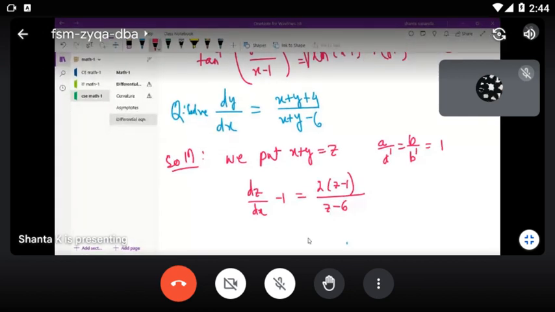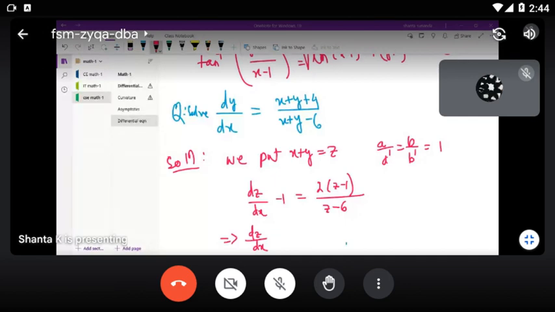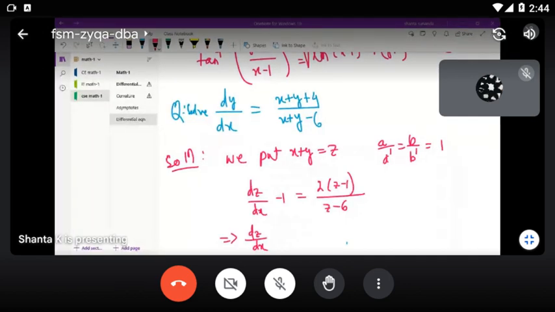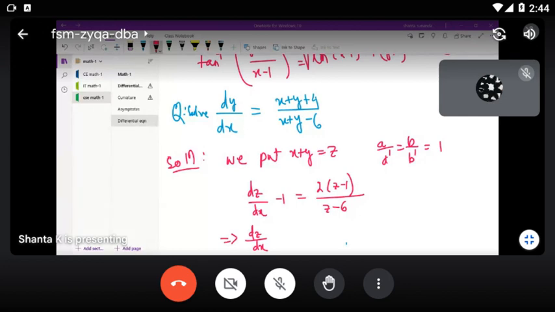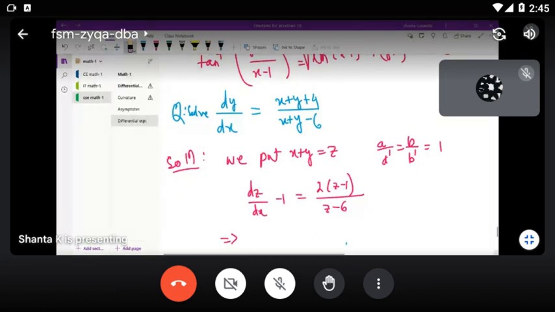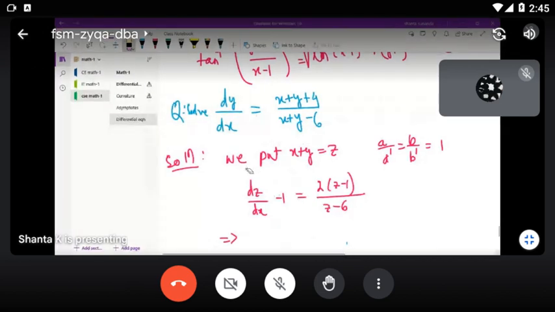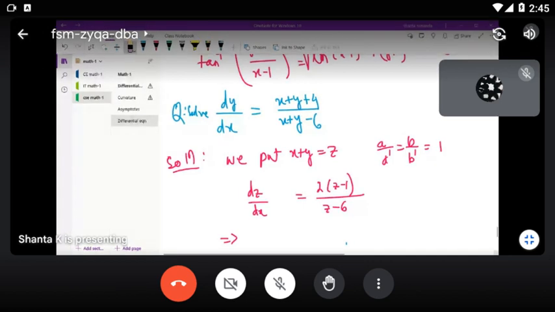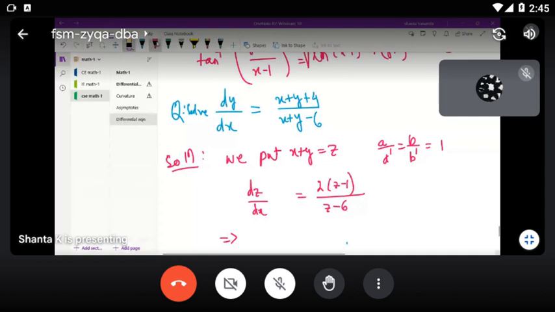So dz by dx... So what will happen then? Not minus 1, it's adjusted. Okay, after adjustment only you will be getting this. Variable separable you can do.